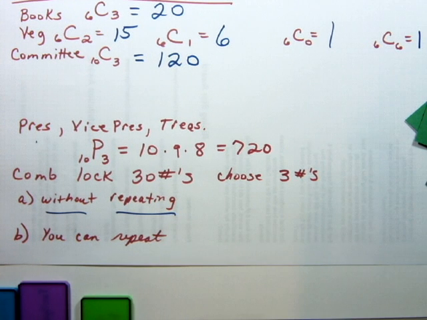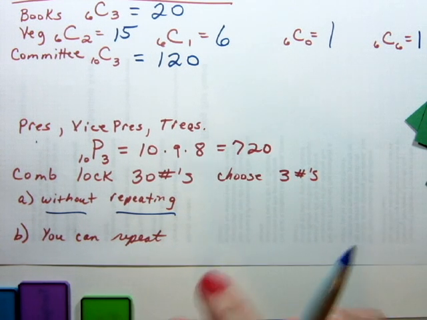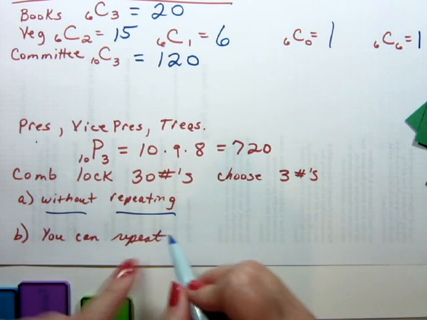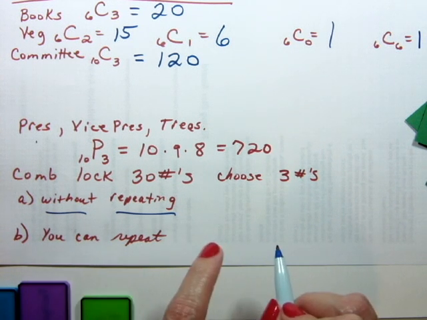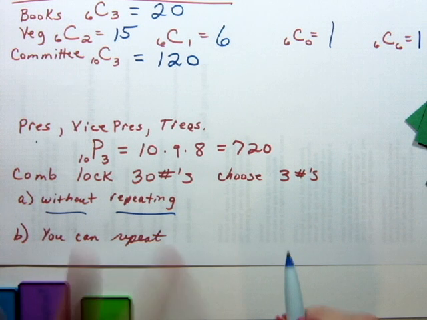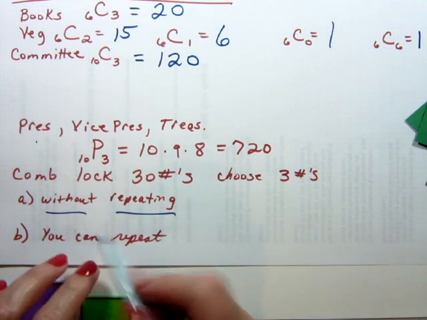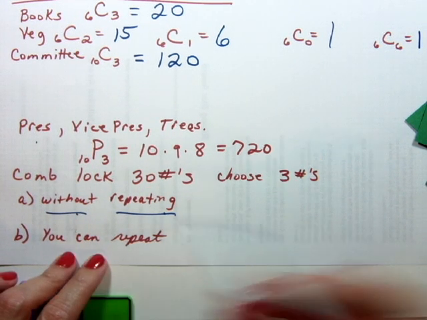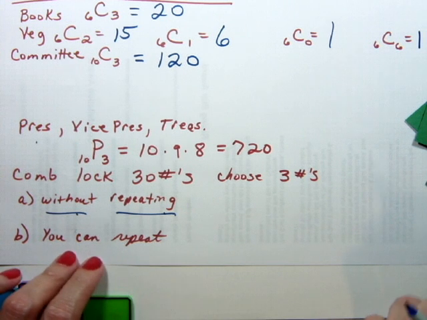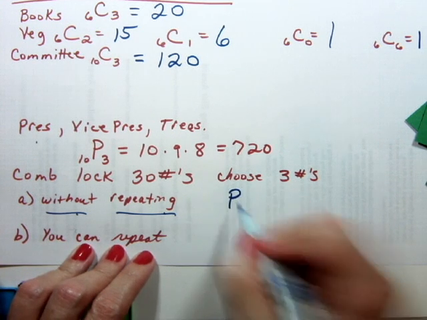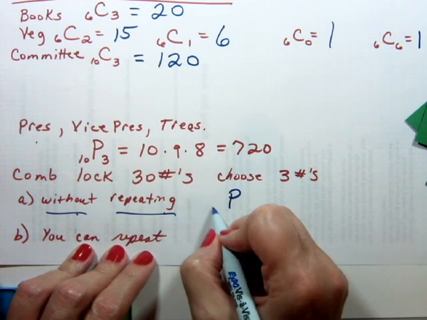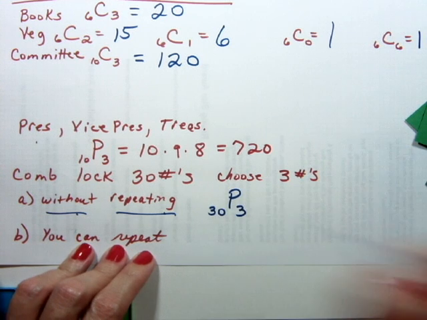So in other words, if 5 is the first number, the second number cannot be 5. And if I have 5, 20, then the third number cannot be 5 or 20, right? So if they can't repeat, well, remember permutations deal with choosing and they cannot be repeated. So I would say that would be a permutation of 30 things taken 3 at a time.